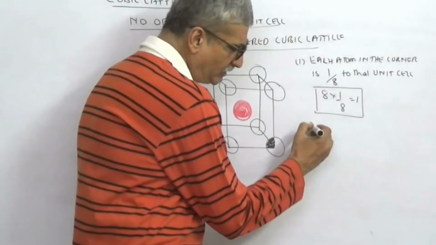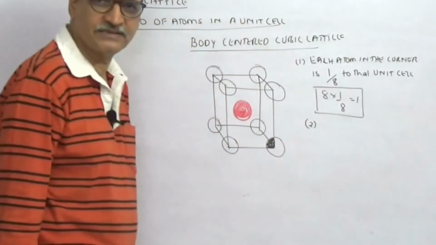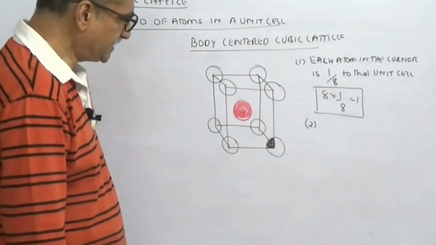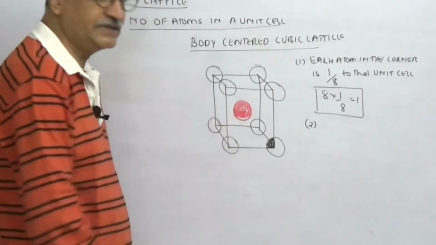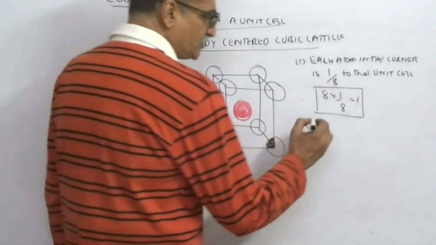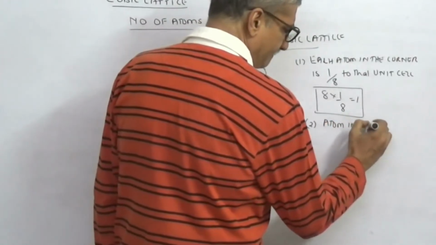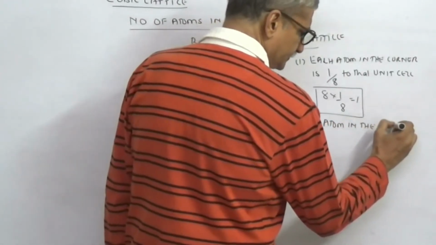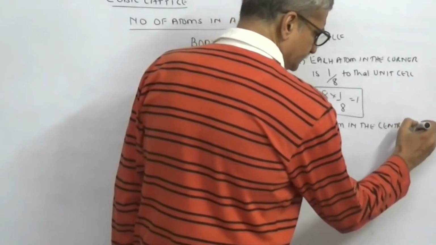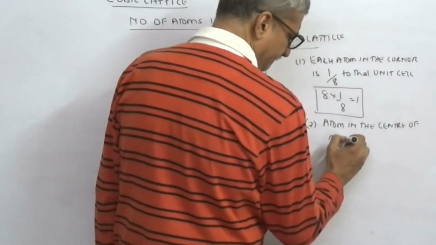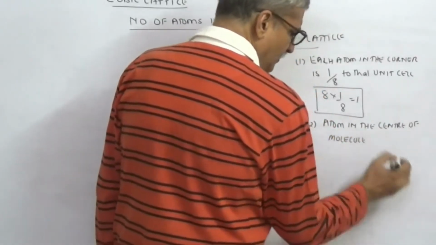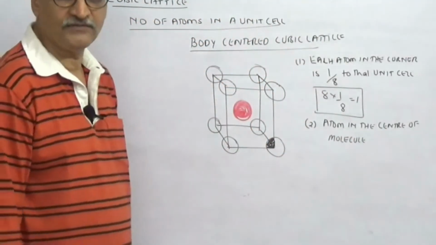Then the second one, listen carefully, is that there is an atom in the center of the unit cell.